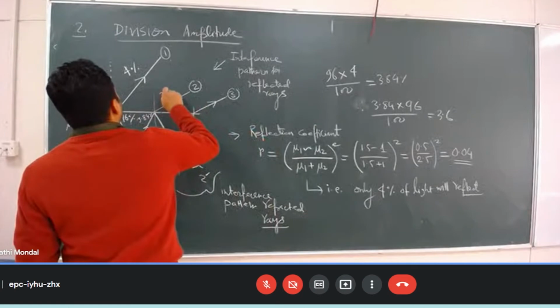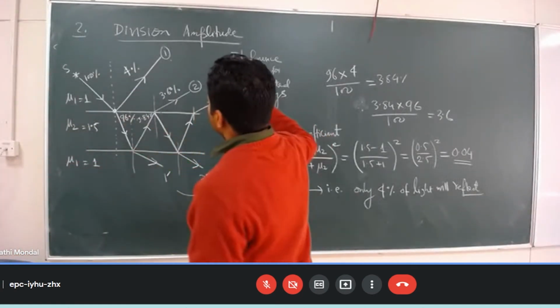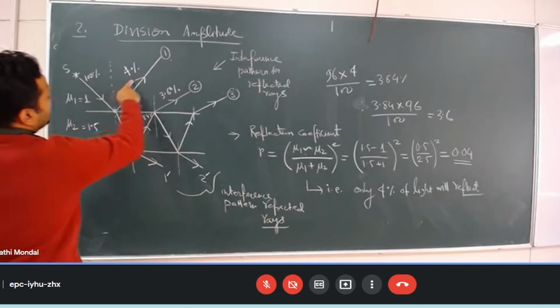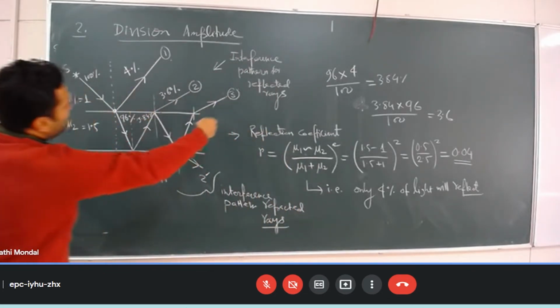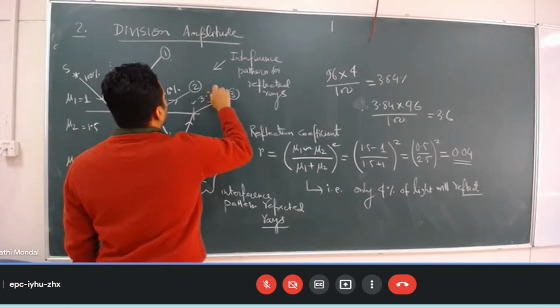So you will get 3.6% like that. That is how it decreases. See, the amplitude, the first one was 100, then 4%, then 3.6. In the same way it will decrease, maybe 3.2% or something like that.